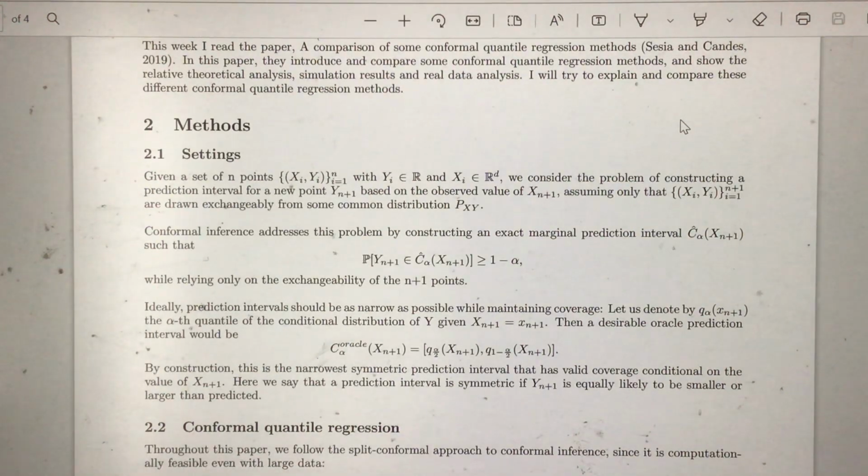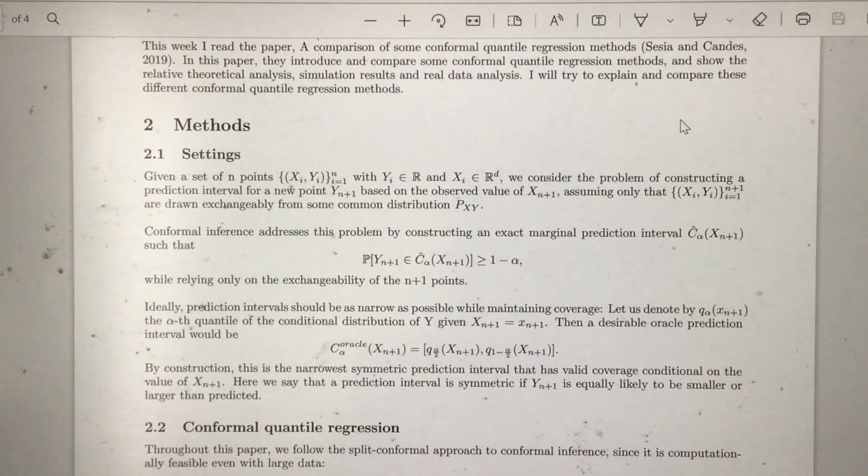Then the desirable oracle prediction interval will be C alpha oracle, where the lower bound is q half of alpha and the upper bound is q 1 minus half of alpha. By construction, this is the narrowest symmetric prediction interval that has valid coverage conditional on the value of xn+1.